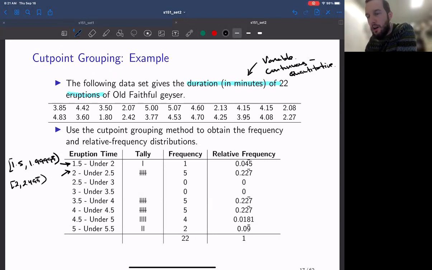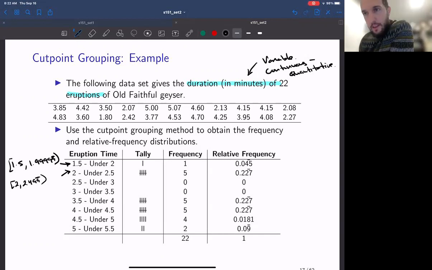So these under 2 or this decimal place notation, this means the exact same thing. So you can use them interchangeably, but just to clarify what I mean by under the number means like right up until as close as you possibly can get to that value. Because again, when we construct the bins, we don't want there to be any observation that can fall into multiple bins. They have to be placed uniquely across the bins.